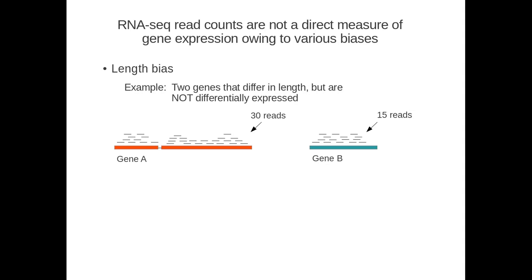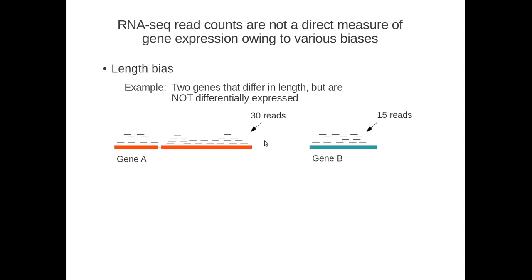There are a few really important sources of bias that would lead you to draw errant conclusions about the data if you didn't normalize. So in this hypothetical example, I'm showing you the effect of length bias, which we have to try to control or remove from the analysis in order to conduct the tests. Imagine gene A and gene B. They are simply of different lengths, although in this hypothetical example they are expressed at the exact same level.